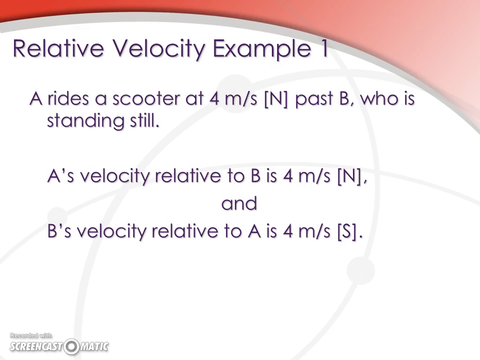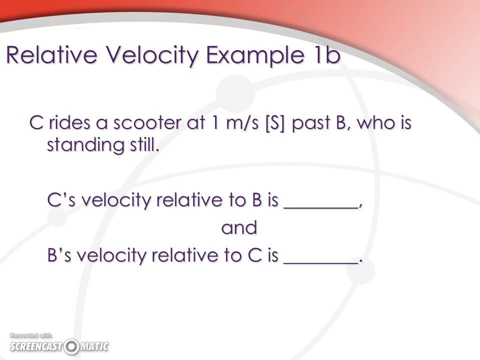But Anita has her own perspective on this. From her perspective, Brian's velocity is 4 meters per second south. And both of their perspectives are equally valid.